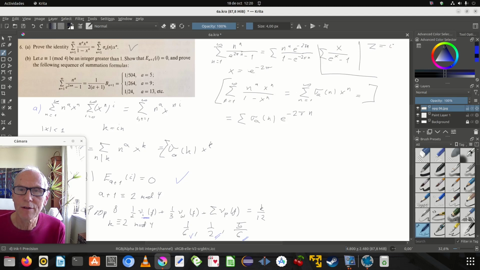if z is equal to the imaginary unit, then q equals e to 2 pi i z equals e to minus 2 pi. Now I can see the way through, and I have another 10 minutes to go.